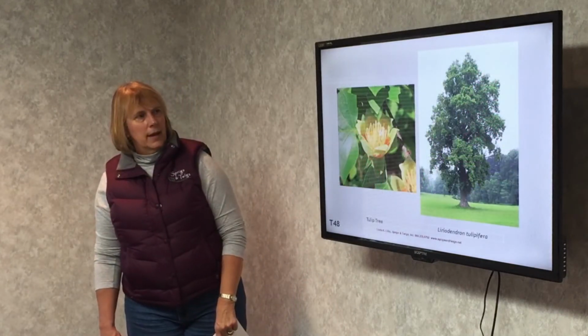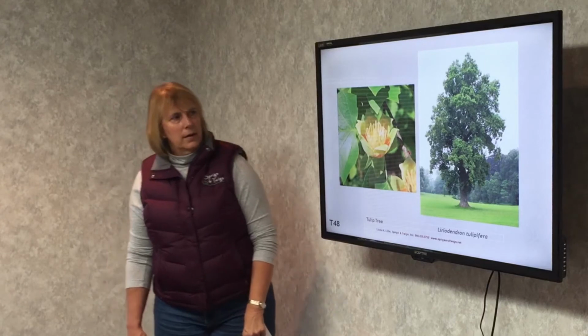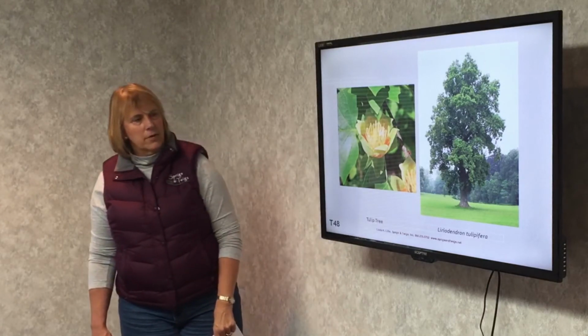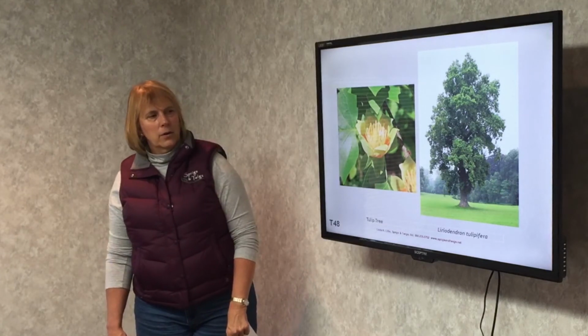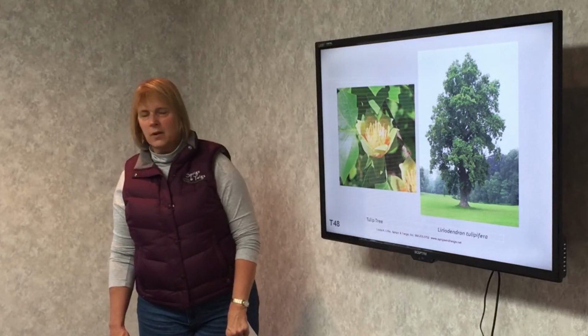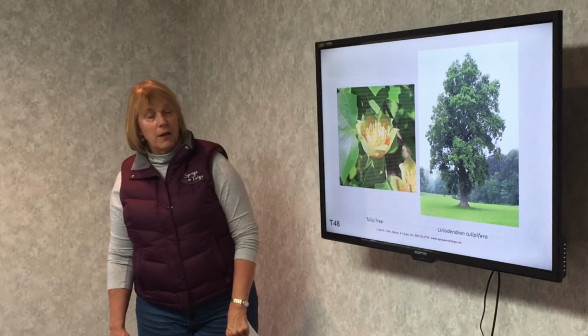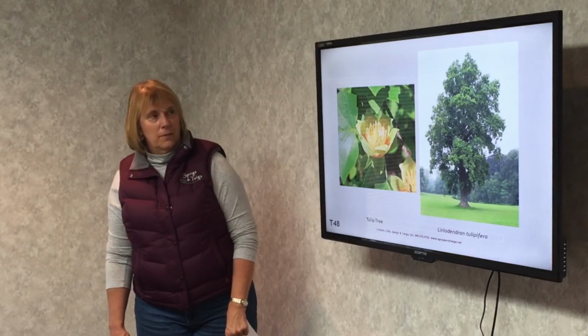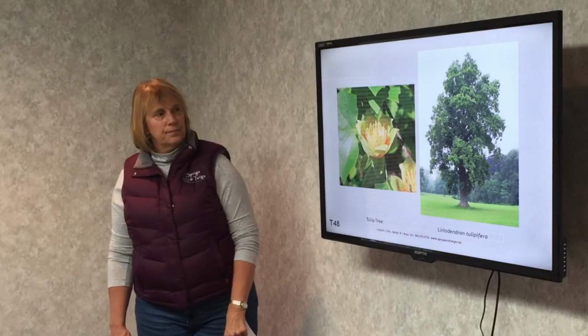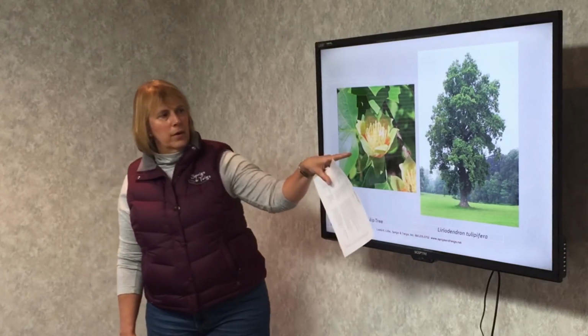Tulip tree. This you'll see in our native areas around here. It's a lowland tree. It likes to be near riverbanks and brooks. Gets very tall, grows very straight, gets anywhere from 60 to 100 feet tall. This is the flower in the spring.